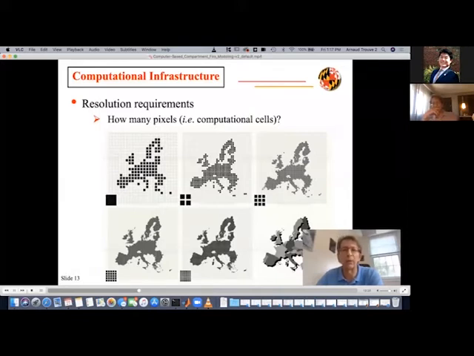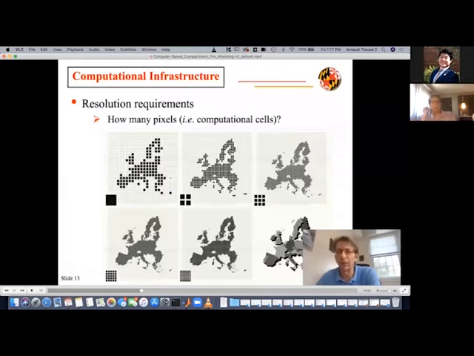So really the main question is the spatial resolution of the simulation. To illustrate my point, I have 6 pictures of a map of Europe provided with different spatial resolution, different number of pixels.